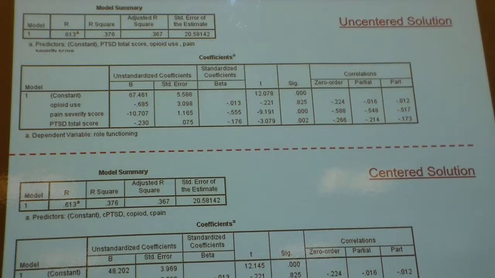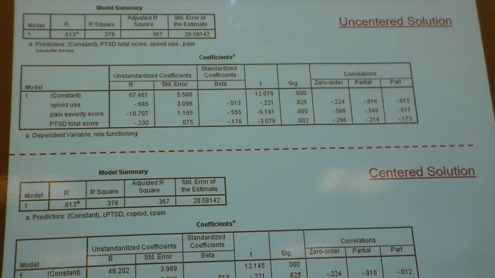Because if we think about this, it's the expected value of role functioning for people who aren't on opiates, who have no pain and who have no PTSD. Those people are functioning higher than people at average levels of pain and average levels of PTSD, controlling for opiate use.